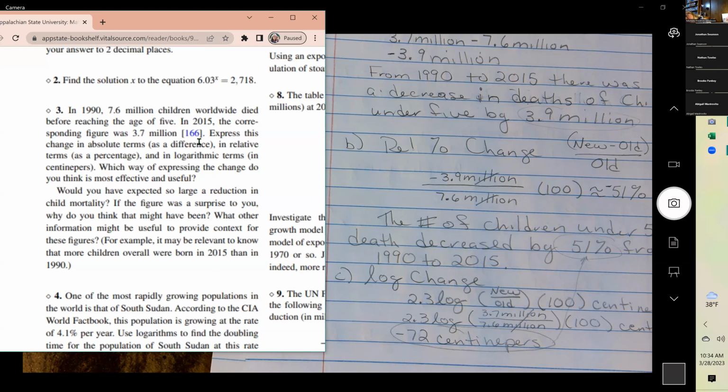Any questions on that? Wait, so why do we use log again? How is it different from the percent? I know it's similar to a percentage, but I'm just wondering why we use log.